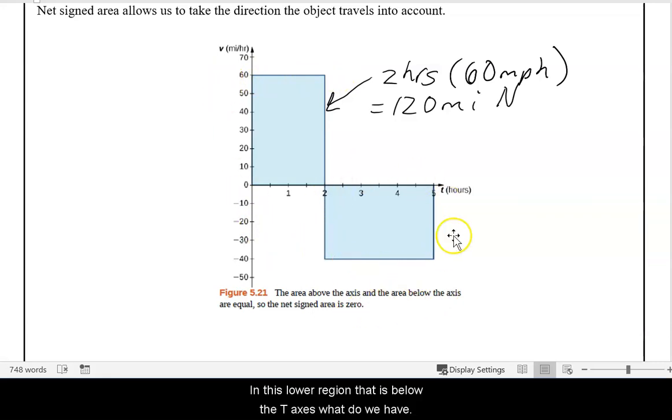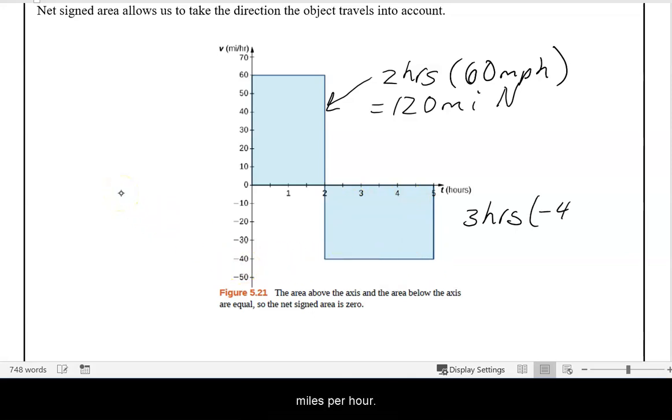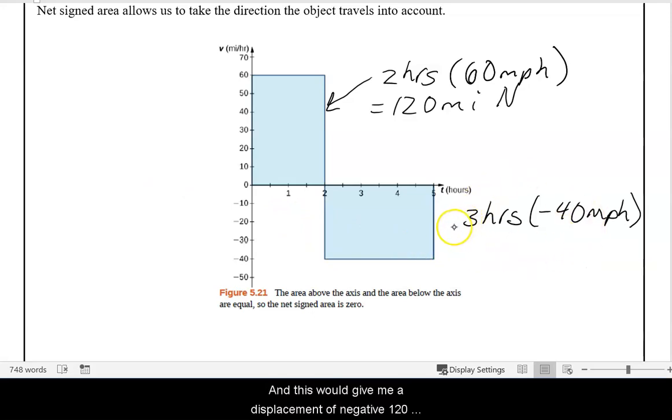In this lower region that is below the t-axis, what do we have? We have from 2 hours to 5 hours, which is a change of 3 hours. Over this region, our velocity is a constant negative 40 miles per hour. The negative 40 miles per hour represents that it must have been headed in the southern direction. And this would give me a displacement of negative 120 miles, which means my net signed area would be 0.